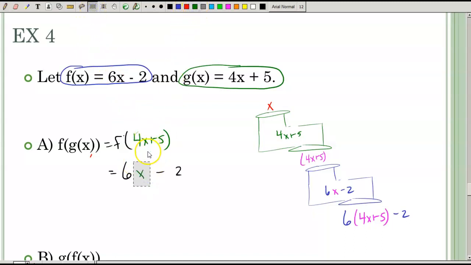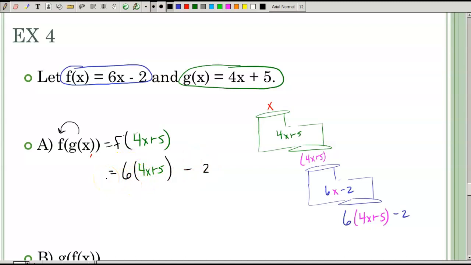I'm going to plug in 4x plus 5 there, like we showed over here. This will be 6 times parentheses 4x plus 5 minus 2. I'm just taking g of x right here and plugging it into f of x. So I'm taking 4x plus 5 and plugging it into this x right here. So I get this substitution.